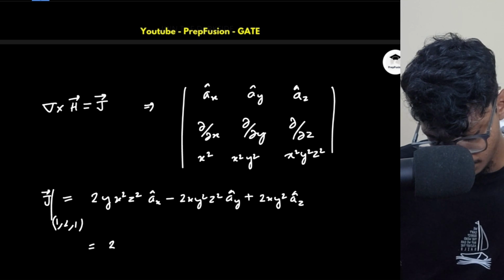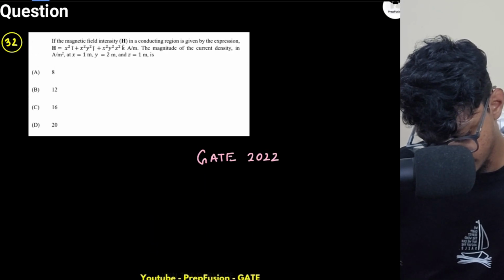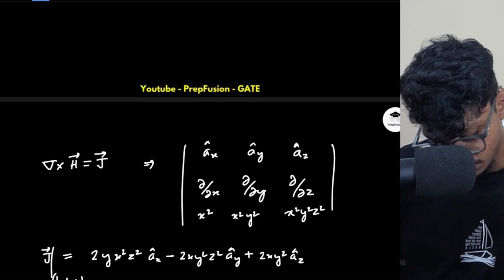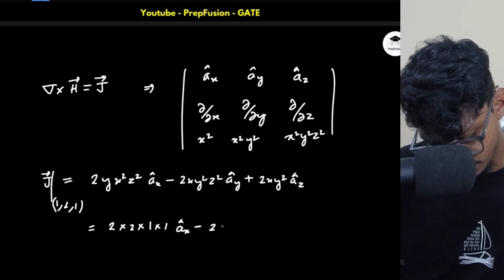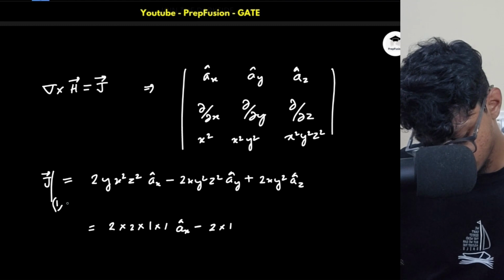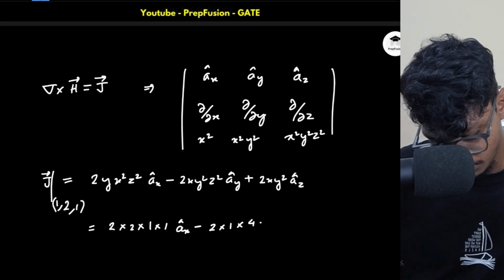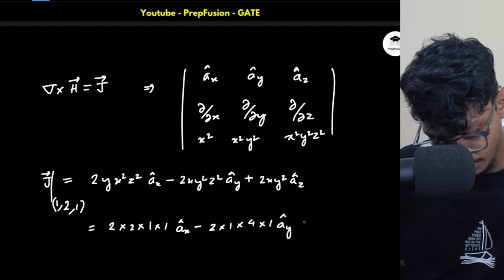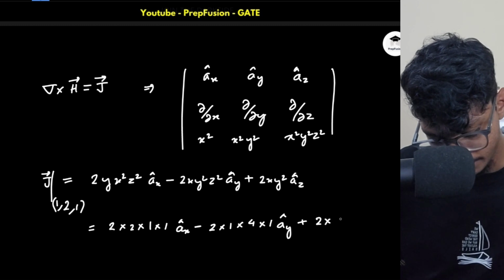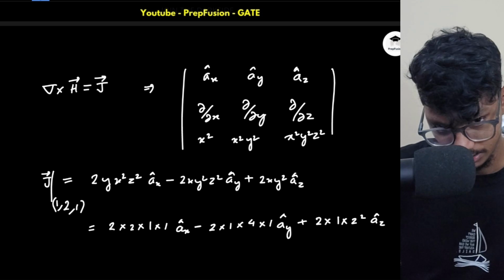So this will be simply 2 times 2 times 1 times 1 ax. Are they asking magnitude? They are asking magnitude. So I have to find the magnitude, and this will be minus 2 times 1, this is 2, times 4 times 1 ay plus 2 times 1 times 2 square az.